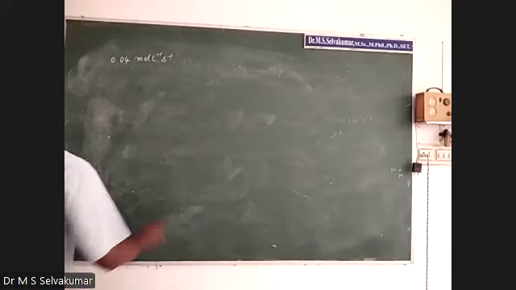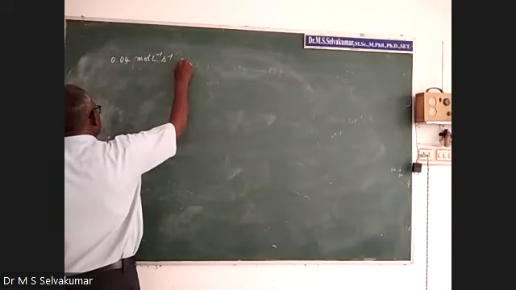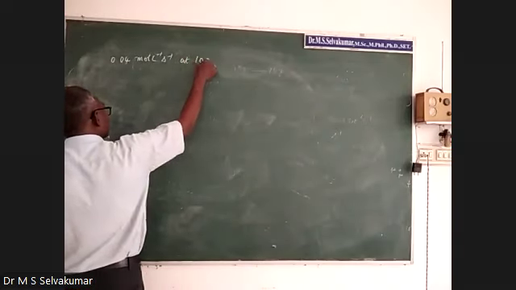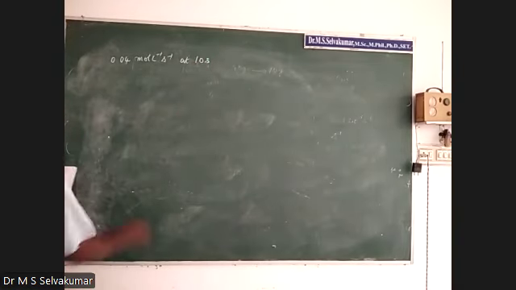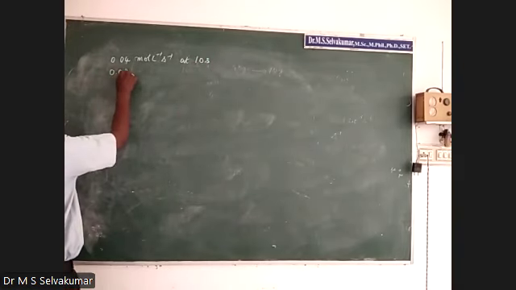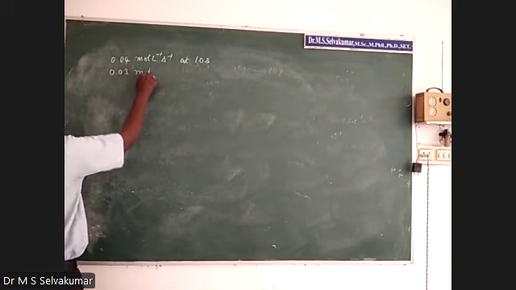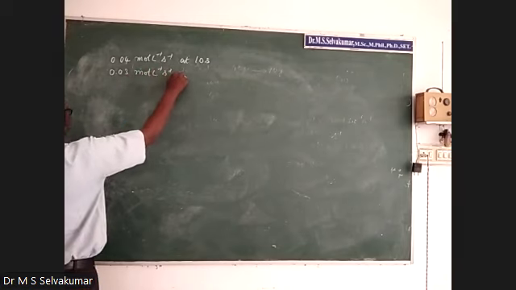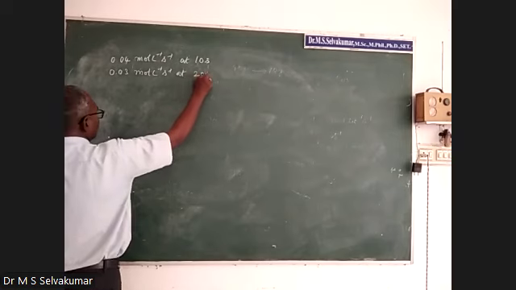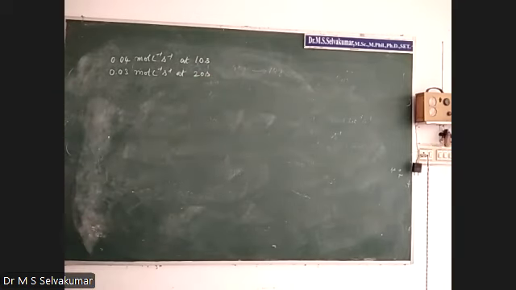It is the rate at the 10th second. And the rate becomes 0.03 mole per liter per second at 20 seconds. So when time goes on, the rate comes down. What is the half-life period of this reaction?